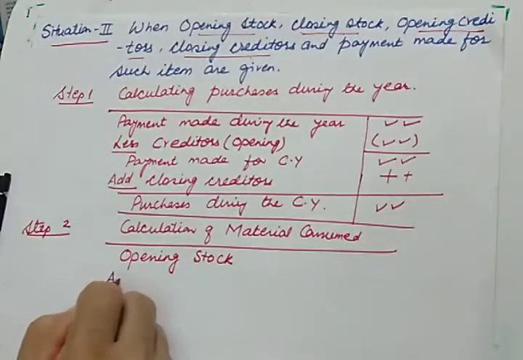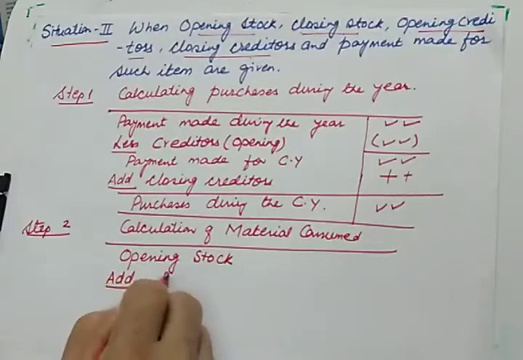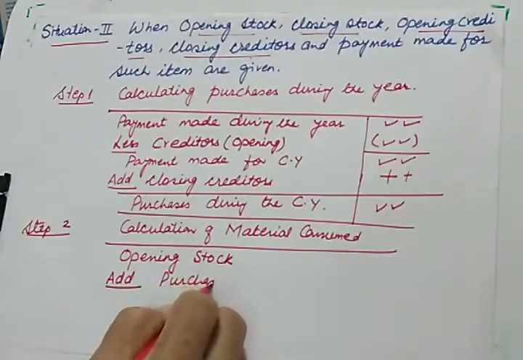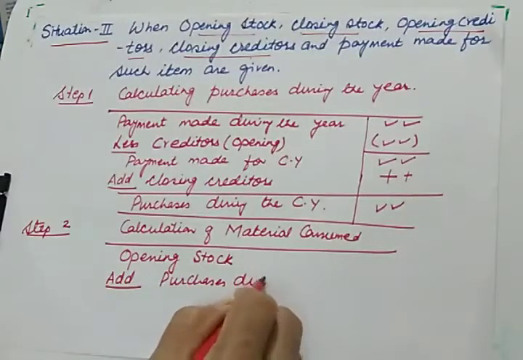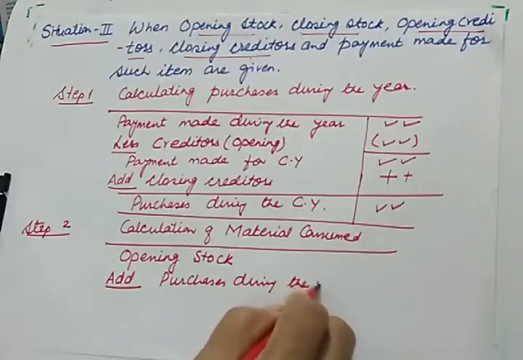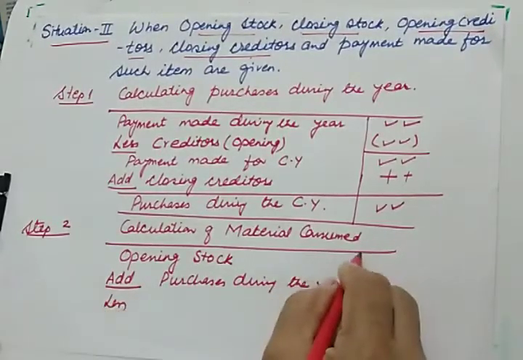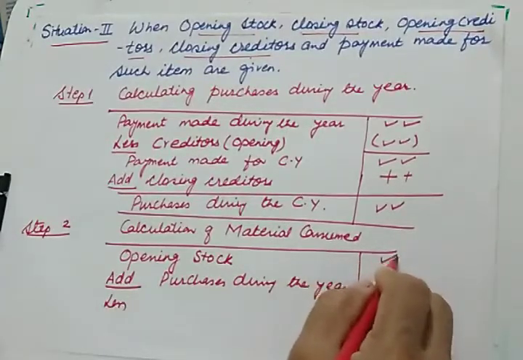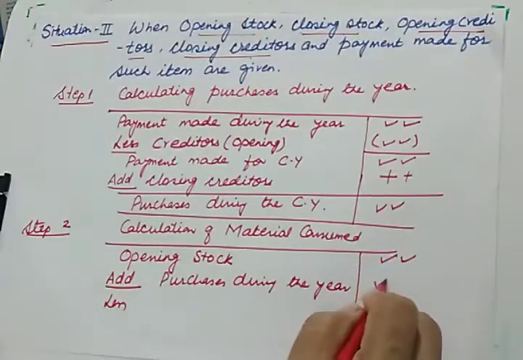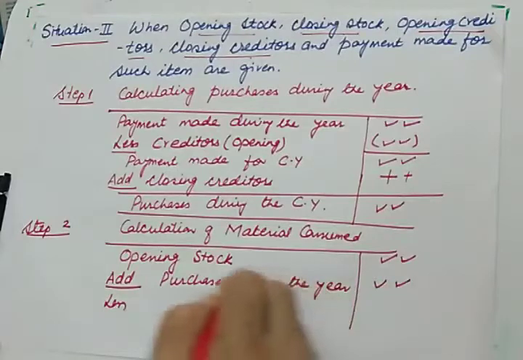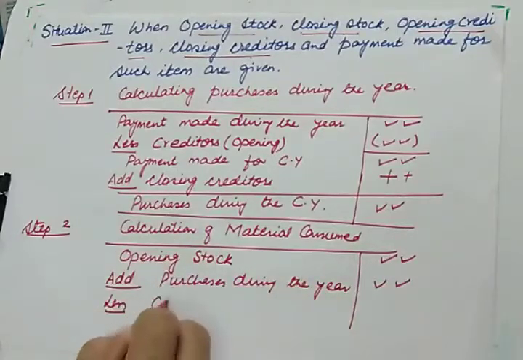To this we'll add purchases during the year, and we'll deduct closing stock of such material.